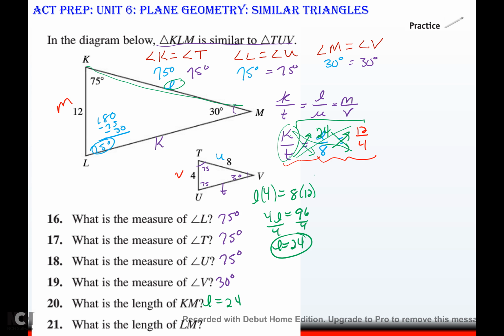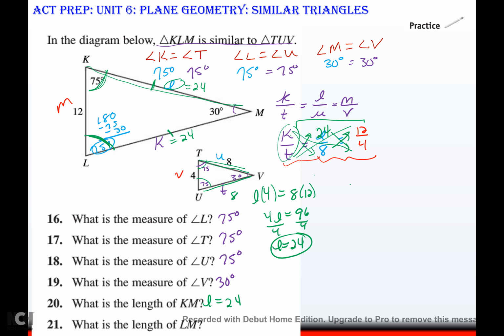Huh, what a conundrum. Well, I happen to notice that, oh look, my base angles are equal. That means I have an isosceles triangle. So whatever this leg is, which we said was 24, that makes this leg the same. And whatever this leg is, again, base angles are equal, so this leg has to be the same.